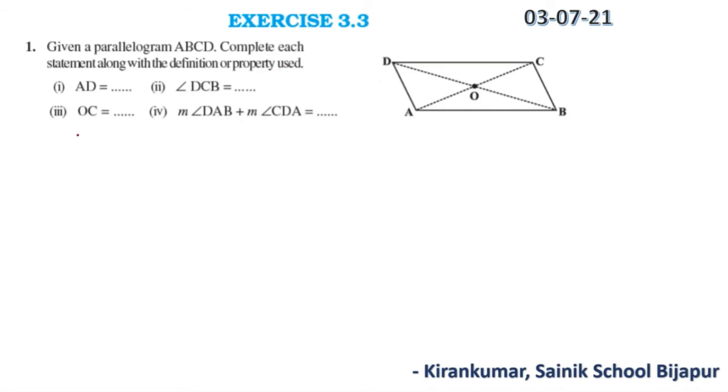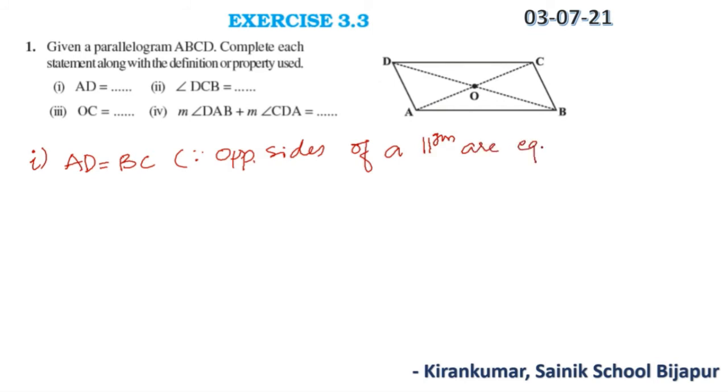First one, AD is equal to BC, they are the opposite sides. So for the first one, AD is equal to BC, the reason is the opposite sides of a parallelogram are equal.